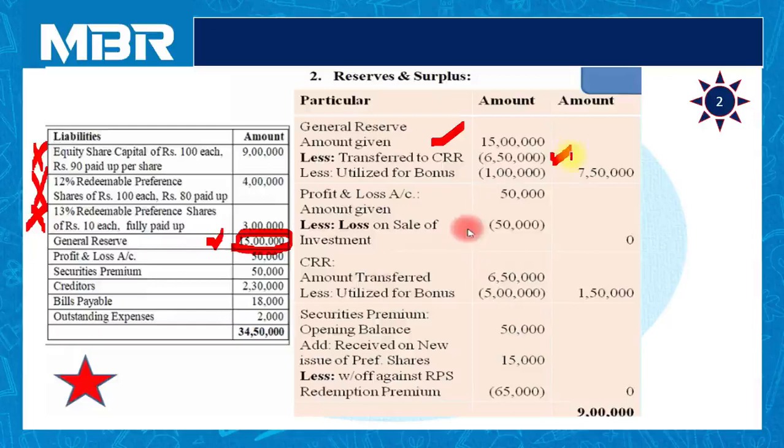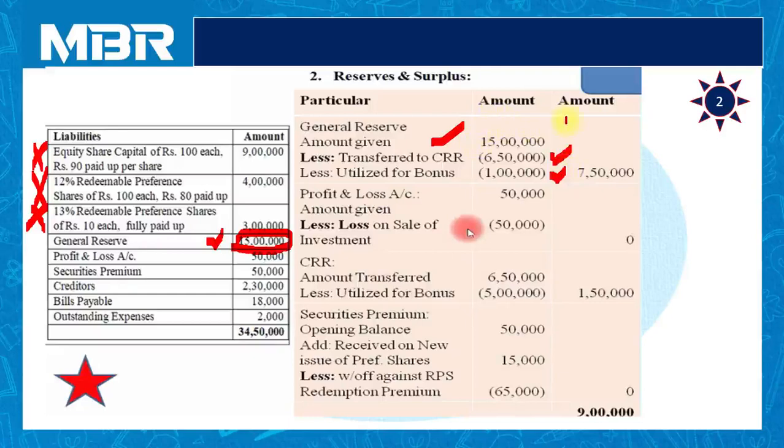Again, to convert partly paid equity shares into fully paid, the company has offered bonus from general reserve, and the amount of this bonus is rupees 1 lakh. So again, rupees 1 lakh is deducted from the amount available in the general reserve account.